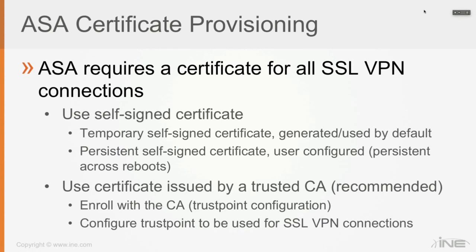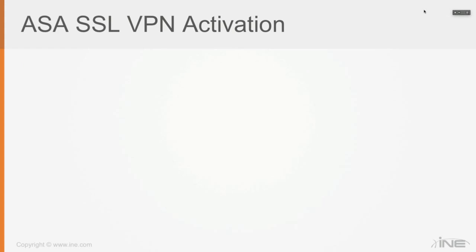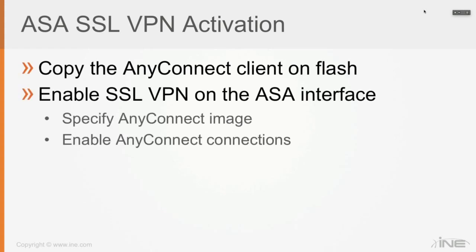Or of course, you can use a certificate issued by a trusted CA, which is recommended, which means we have to enroll with a CA, do the trust point configuration, and then configure the trust point to be used for SSL VPN connections. Then activating the SSL VPN capability on the ASA for client-based SSL VPN sessions: we just enable SSL on the ASA interface, specify the AnyConnect image to be used, and enable AnyConnect connections as well.